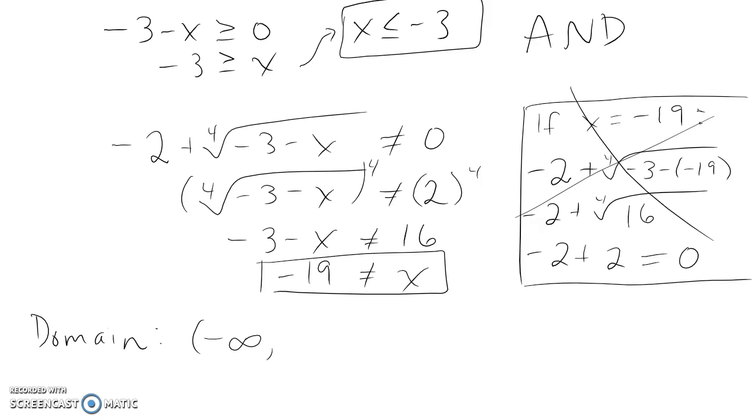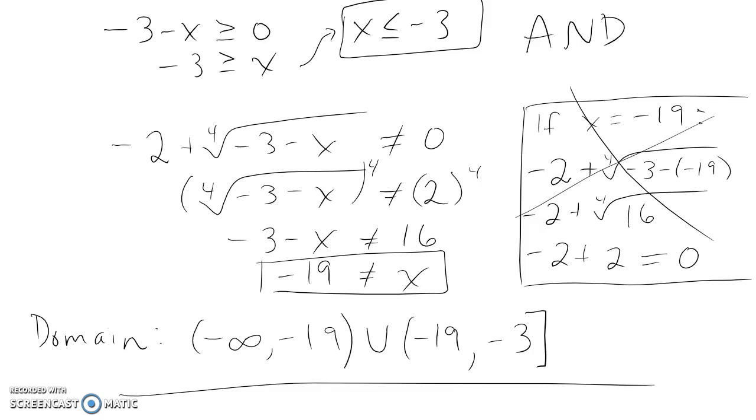So if we start at negative infinity, we go up to negative 19, we cannot include negative 19, and everything past negative 19 up to negative 3, and we include negative 3 because it's less than or equal to. Take a quick look at the number line here. If I put 0, negative 3, negative 19, I know that there has to be a hole at negative 19, and my domain is everything less than or equal to negative 3. The graph of the domain would look like this.